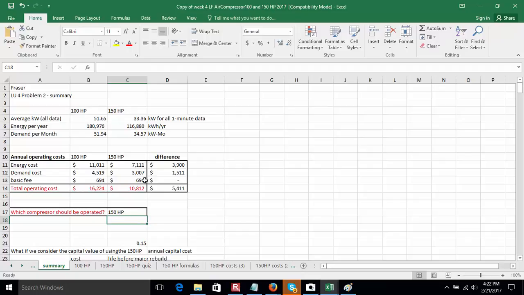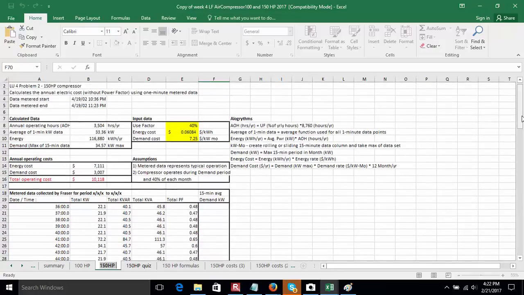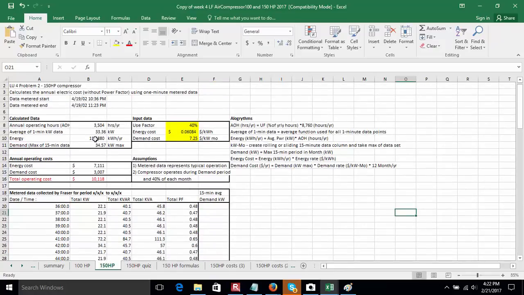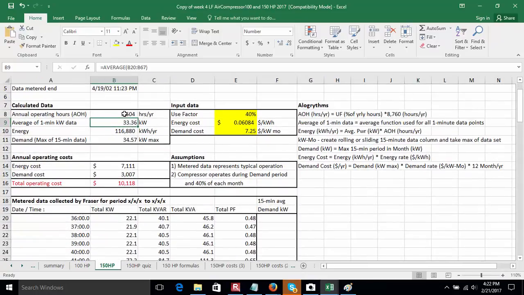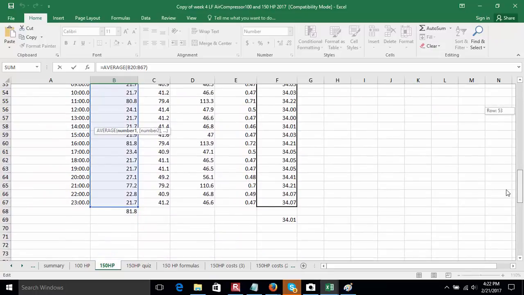Okay, so let's just see where these numbers come from. Energy cost for the 150 is here, coming from B10, so it should look almost exactly the same. Again, we're taking that 8760 times 40%. And again, the 150 is not running as hot.